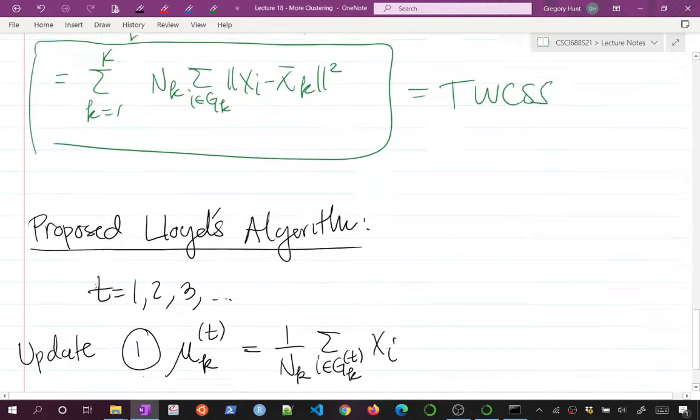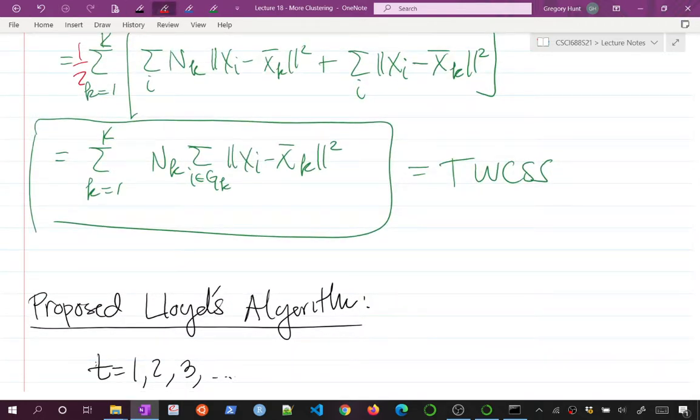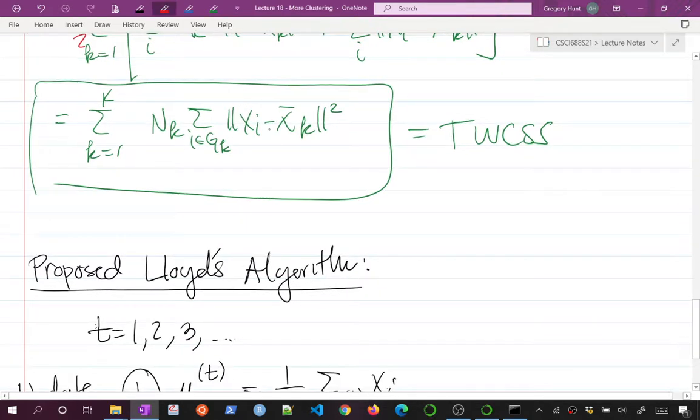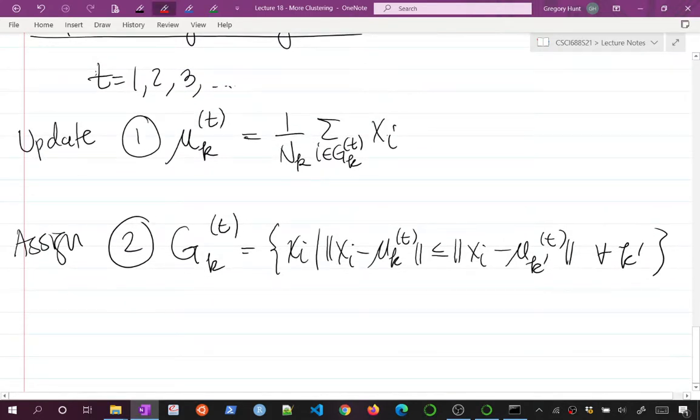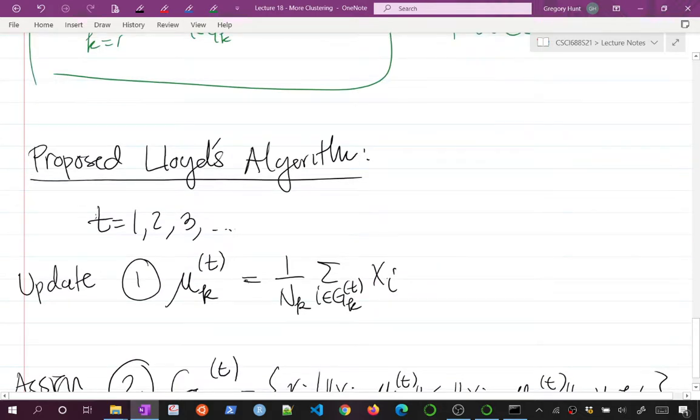But what you can see as the connection now is that when we've rewritten k-means in terms of minimizing this thing, which is basically the distance of all these points from the mean, the general k-means algorithm is just minimizing that total dissimilarity. In the case of Euclidean, you can look at it as minimizing the distance of each of the points in my clusters to their means. You want to choose your clusters so that the distance of the points in each cluster to the mean is the smallest possible. And Lloyd's algorithm basically updates the means, and that assigns things in such a way that it should minimize this metric.